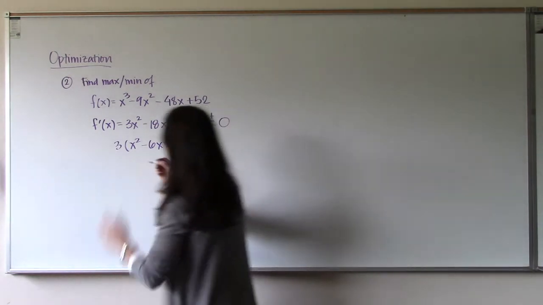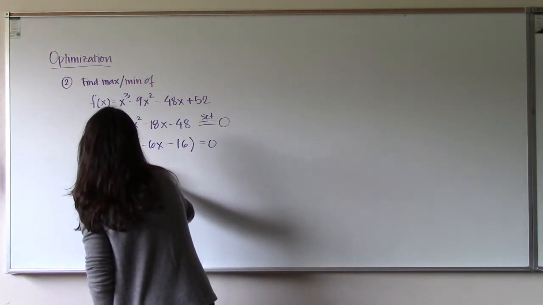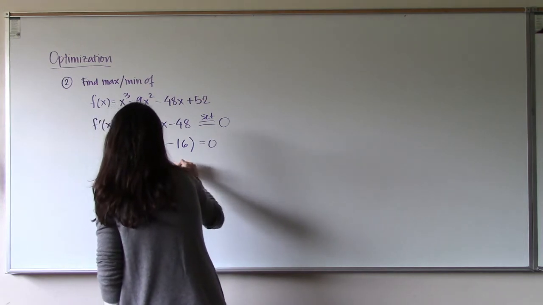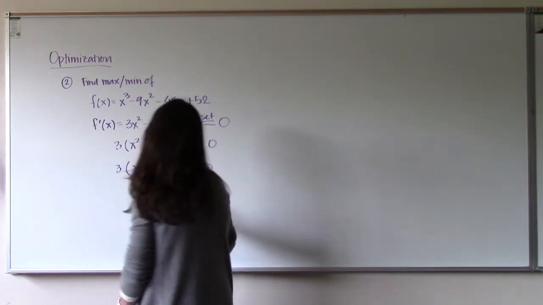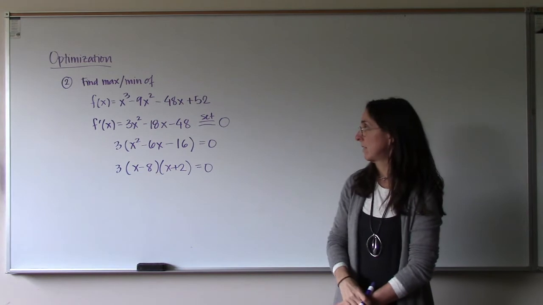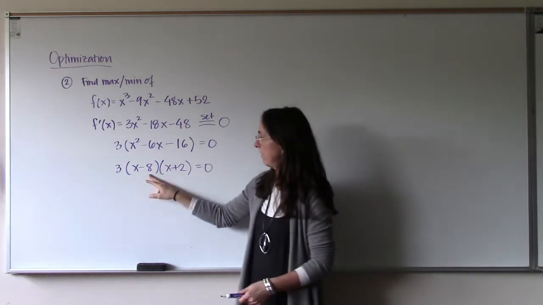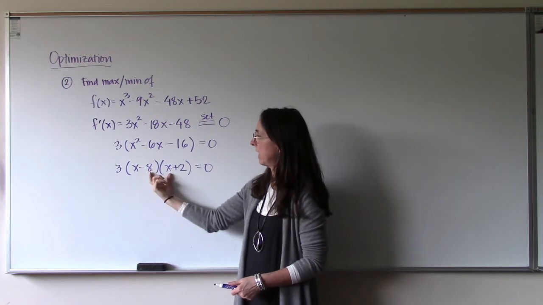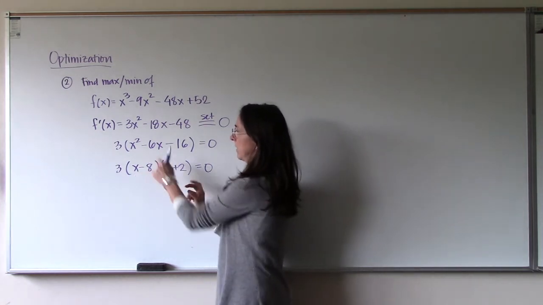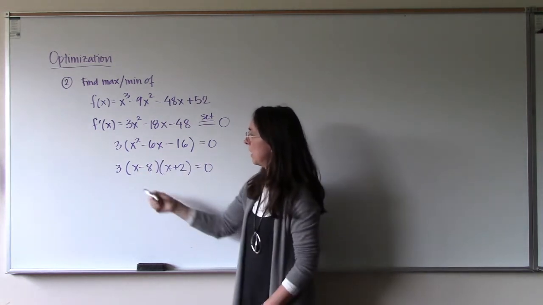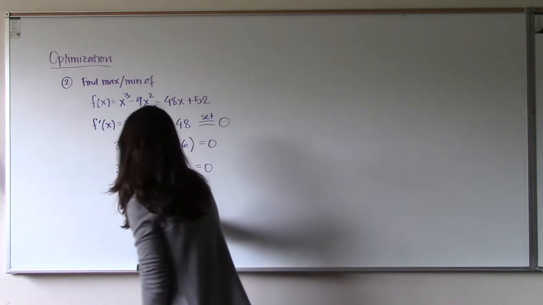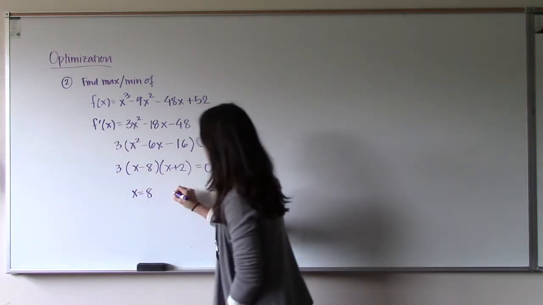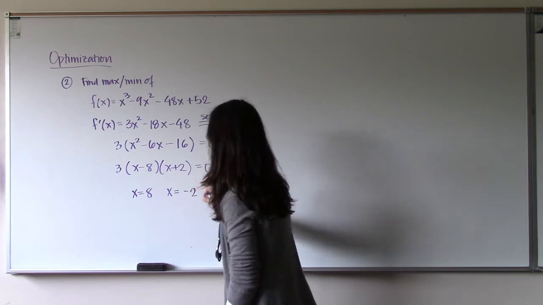And it factors like this, right? Because negative 8 times positive 2 gives a negative 16, and then negative 8x here plus 2x gives a negative 6x. And so this thing is equal to 0 when x is equal to 8, or when x is equal to negative 2.